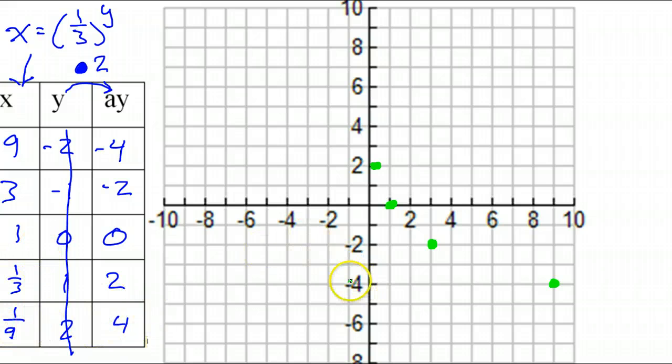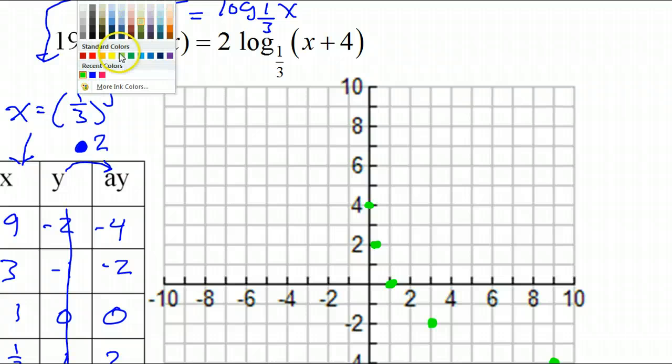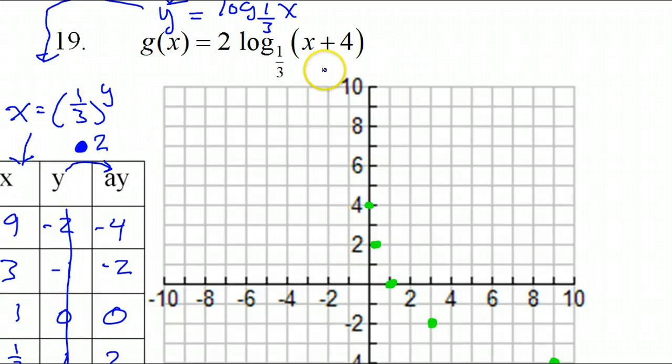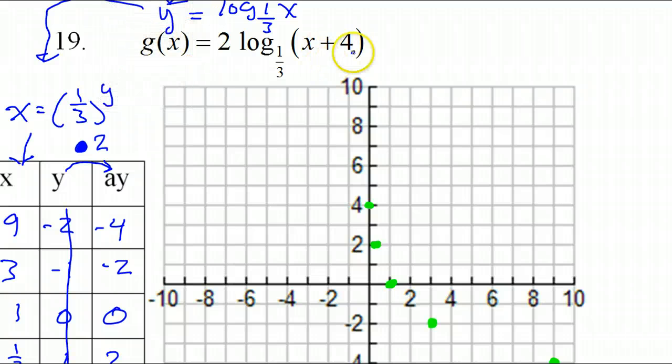Well, 1/9 is so small that it pretty much appears to be on the line. And there it is. Alright, this graph is approaching an asymptote of 0. Don't connect the dots because we're moving on. It's time to do the plus 4.